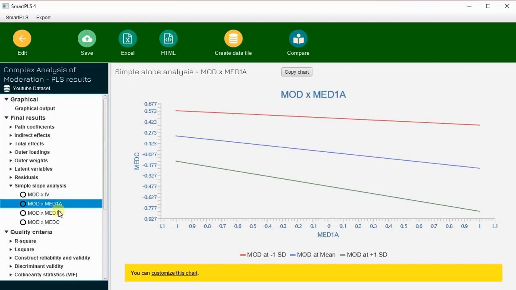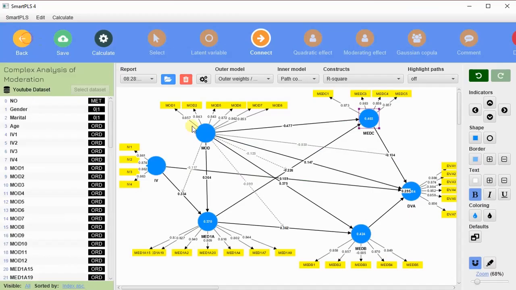The second one is the moderator and mediator 1, and its effect is basically mediator 1's effect on mediator C, and the relationship in this graph is the moderator and mediator 1. If you notice, the moderator and mediator 1 has, I think, a clearer negative slope. Let me zoom in here.